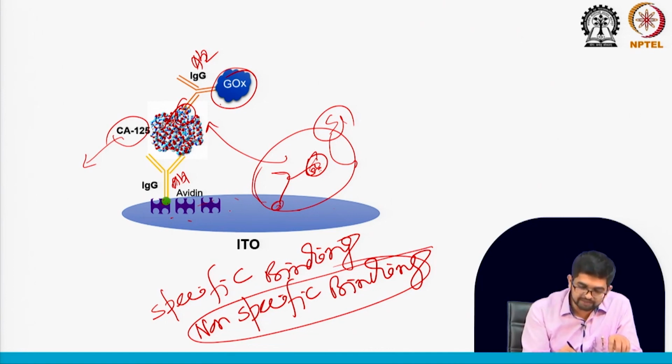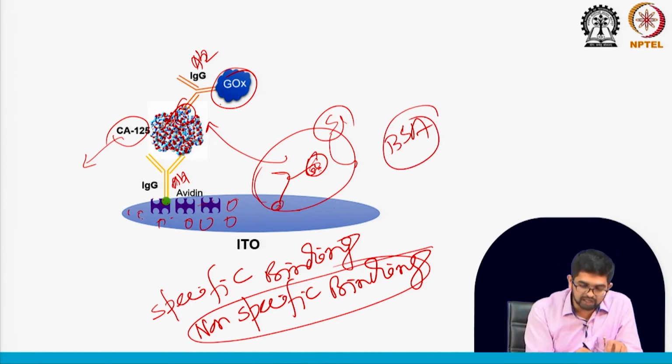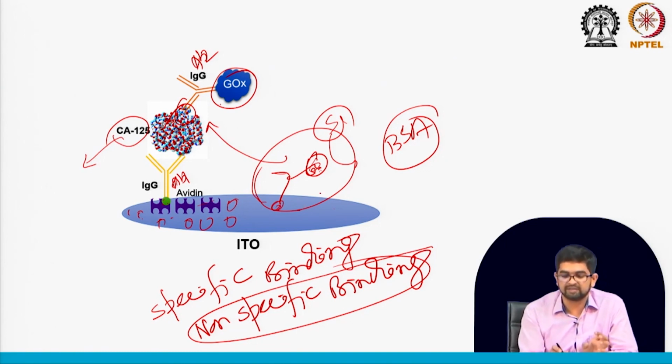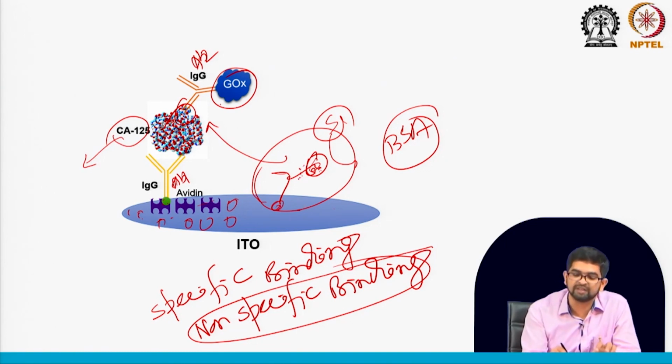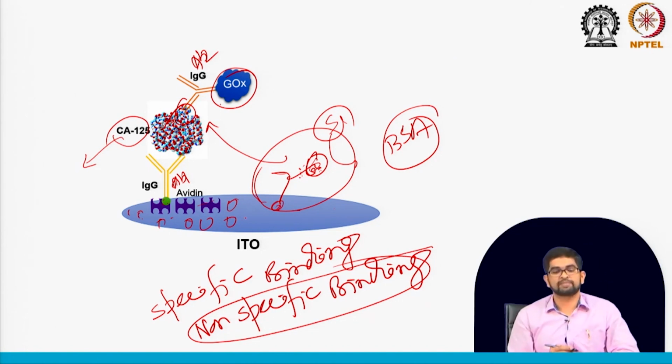So, on that bare part we can add a small protein molecule, called BSA, bovine serum albumin. If we cover the surface, then it will hinder this kind of secondary antibody from binding on the surface. So, we can avoid the non-specific binding.